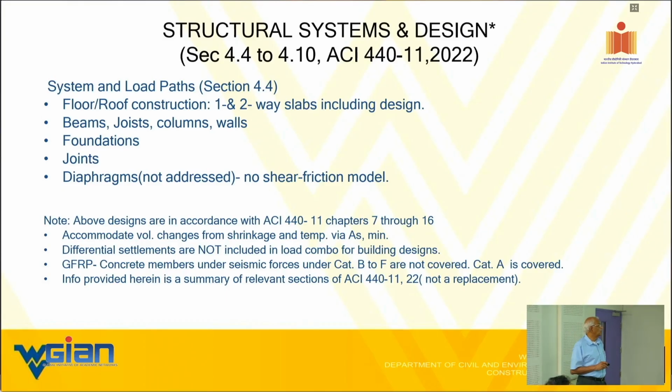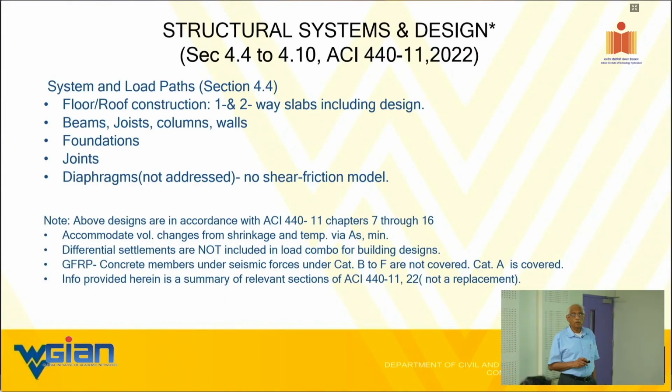So now we are really getting into the code. The code, the ACI 440.2R-22, that's what I wrote there. ACI 440.1R-11. 440 is for FRP, 318 is for steel reinforced concrete. 440 is FRP reinforced concrete.